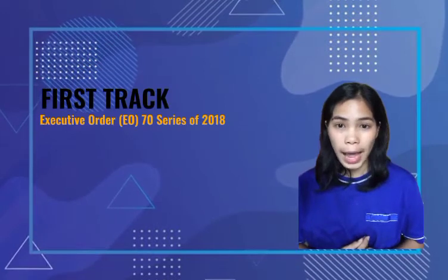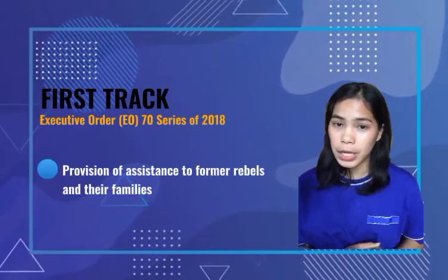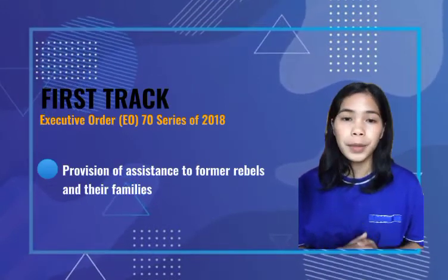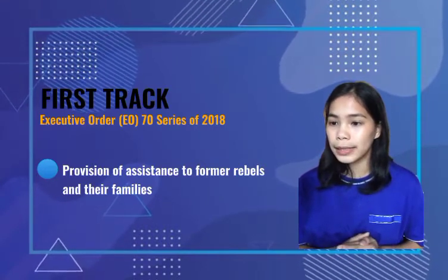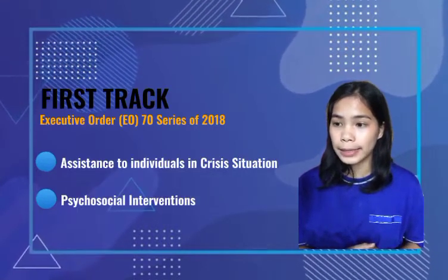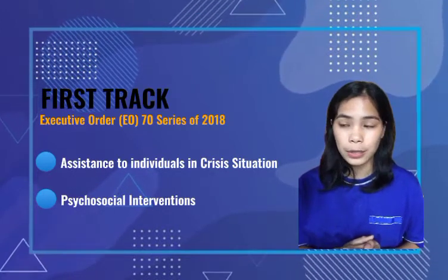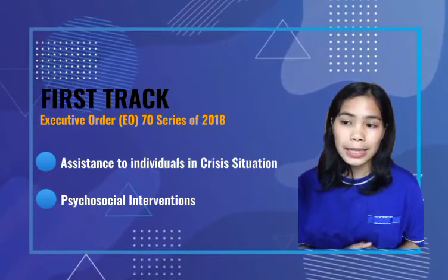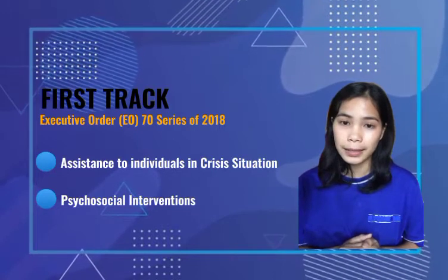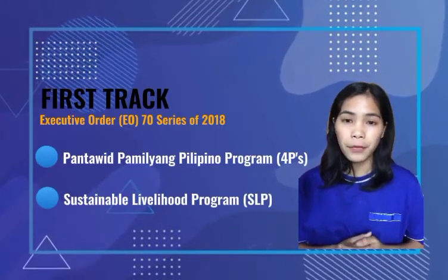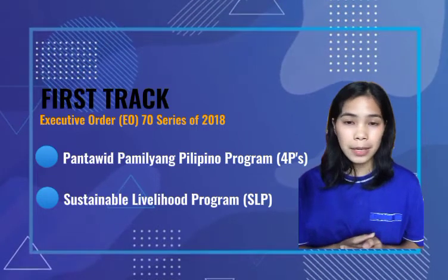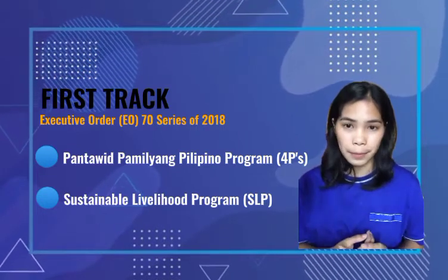The first track entails the provision of assistance to former rebels and their families through existing DSWD programs such as assistance to individuals in crisis situations, psychosocial interventions, and other protective services, Pantawid Pamilyang Pilipino Program or 4Ps, and the Sustainable Livelihood Program.